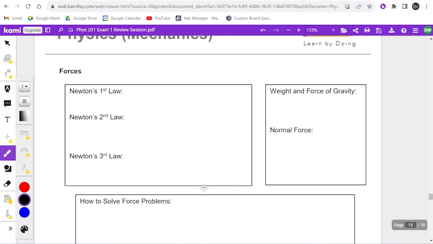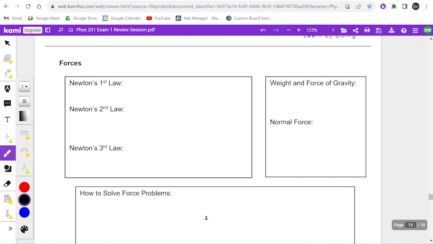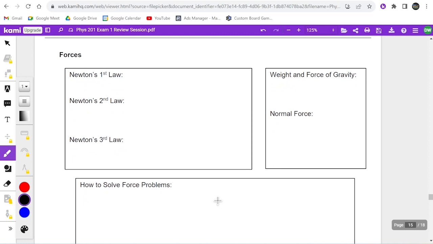So anyways, with forces, we're first going to talk about Newton's laws. And I'm not going to write down word for word what they are. Like, for instance, Newton's first law is an object in motion stays in motion, and an object at rest stays at rest unless acted upon by an outside force. Now, what does that really mean for us?